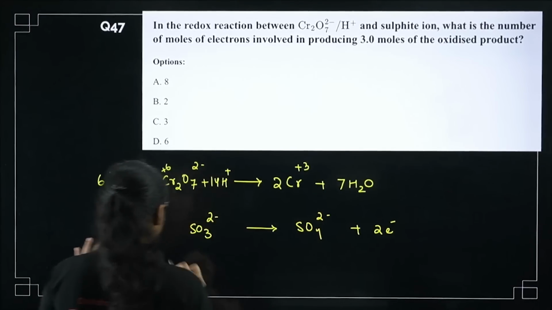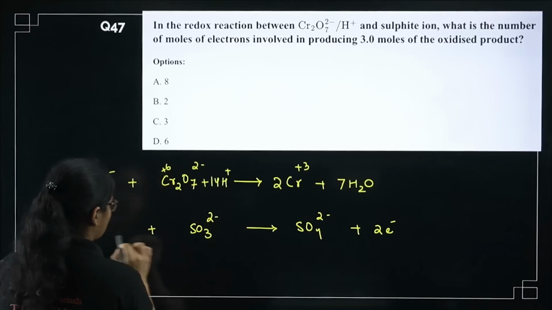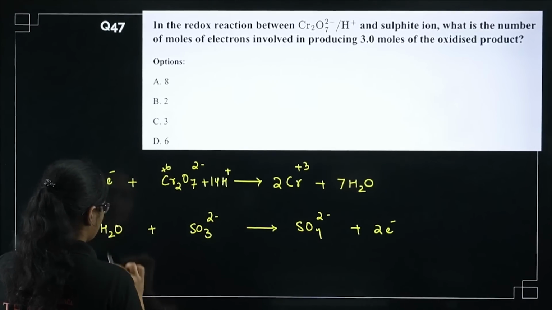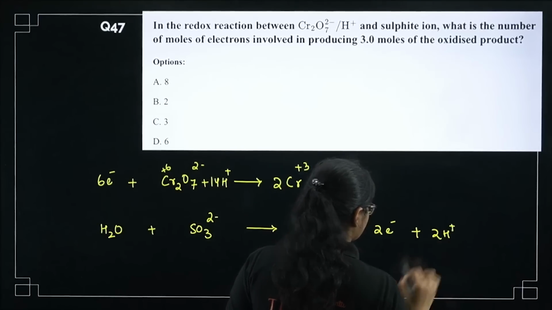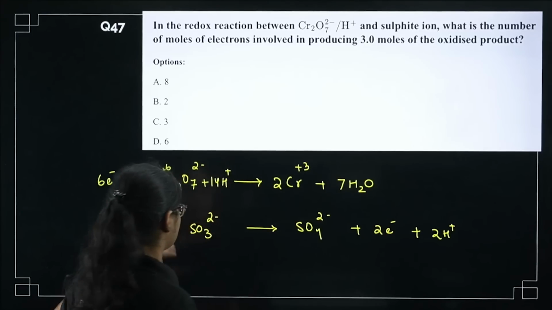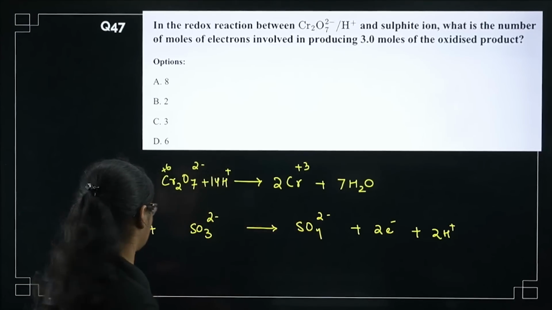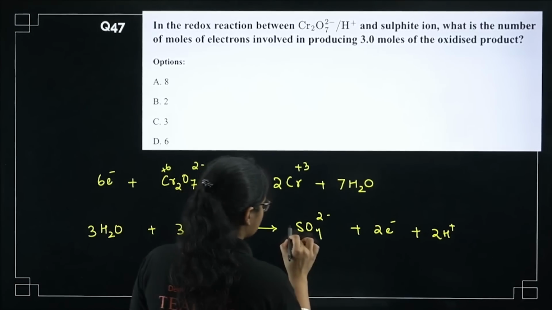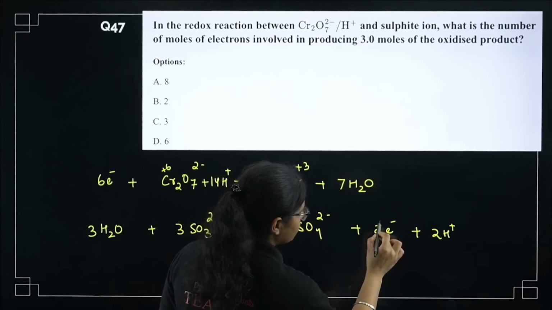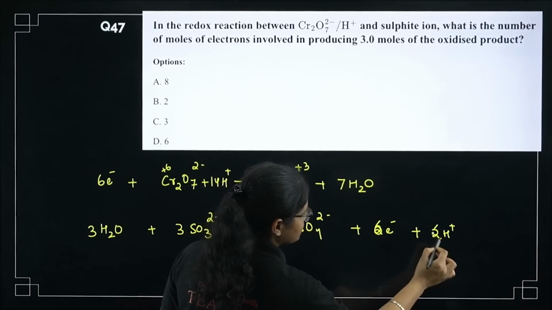Next, to balance it, I will add 1 H2O here, and with that I will also add 2 H plus, right. Now we have to balance the number of electrons, so we multiply the whole equation by 3. So I have 3 H2O, 3 SO3, 3 SO4, and I have 6 electrons and 6 H plus.